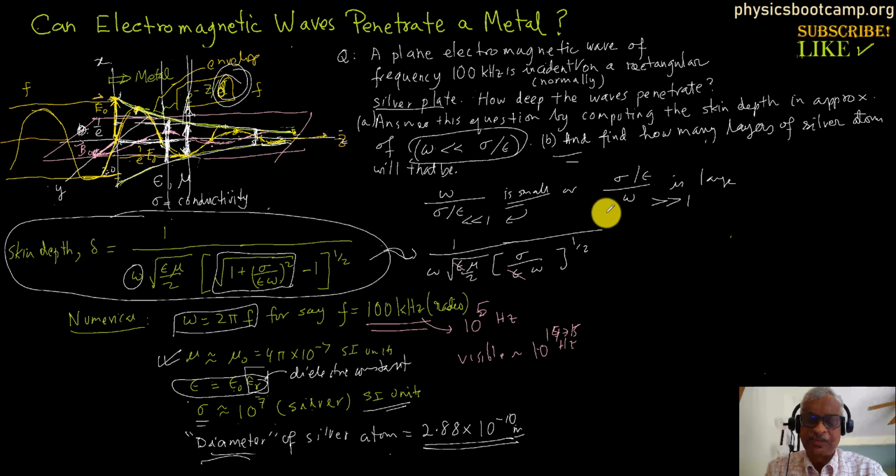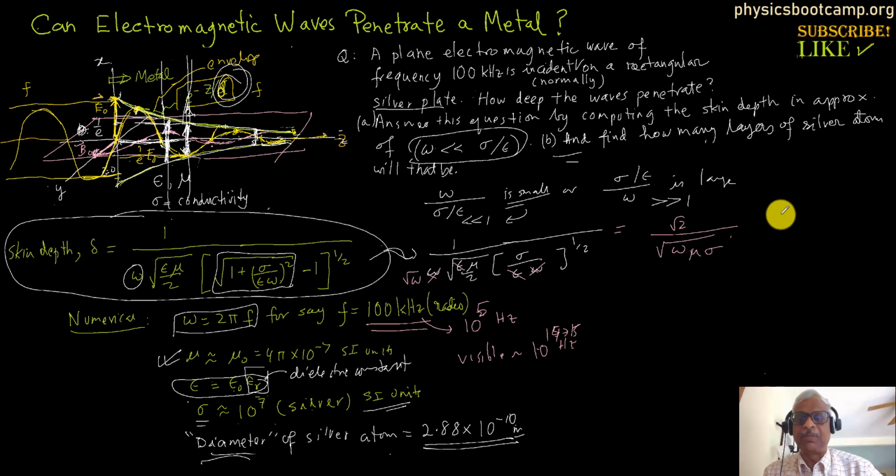Okay, so skin depth turns out to be a square root of 2 in the numerator, and omega actually cancels out, makes this a square root of omega. So a square root of, I have omega, I have a mu, I have a sigma.